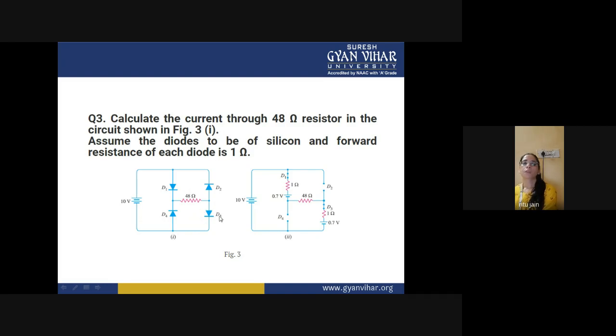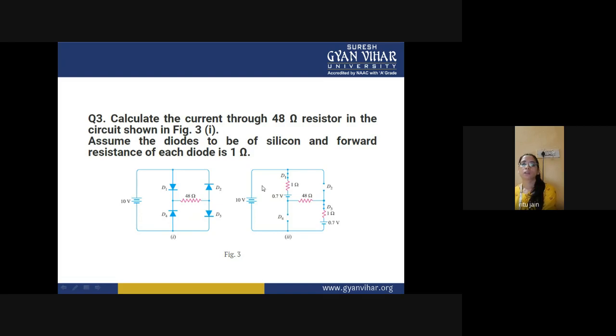Okay, so what is happening? D1 is in forward biasing, D3 is also in forward biasing, but D2 and D4 are in reverse biasing. And a diode in reverse biasing will not carry any current and will behave like an open switch.